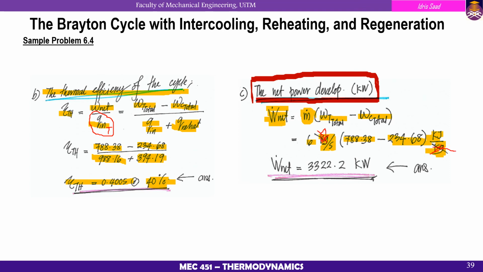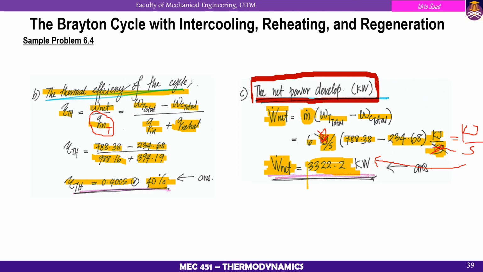What we have now is the unit of kilojoule per second, and we know that kilojoule per second is basically kilowatt. So the answer for the net power developed for this question, the power output from the system, is 3322.2 kilowatt.